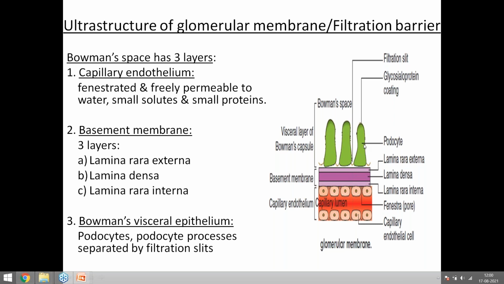These processes interdigitate to cover the basement membrane and are separated by gaps known as filtration slits, of approximately 25 nanometer diameter. Each filtration slit is covered by a layer of fine filaments that constitute the diaphragm. So these are the podocytes with finger-like projections covering the basement membrane, and in between them are the filtration slits.